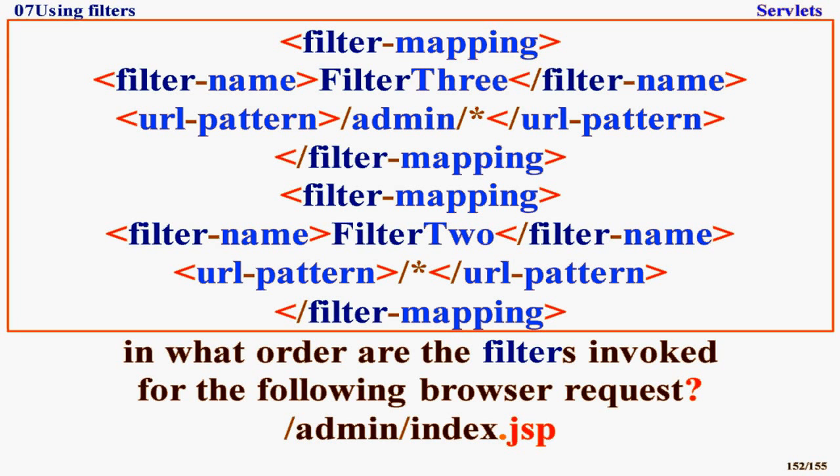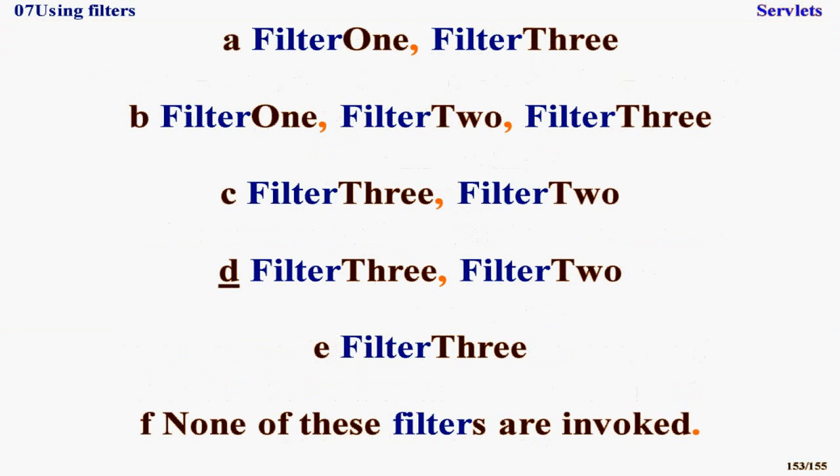In what order are the filters invoked for the following browser request? admin/index.jsp. A. FilterOne, Filter3. B. FilterOne, Filter2, Filter3. C. Filter3, Filter2. D. Filter2, Filter3. E. Filter3. F. None of these filters are invoked.